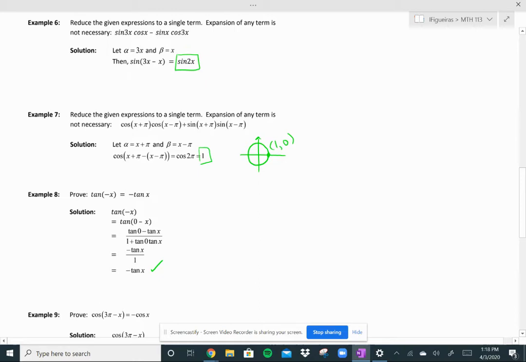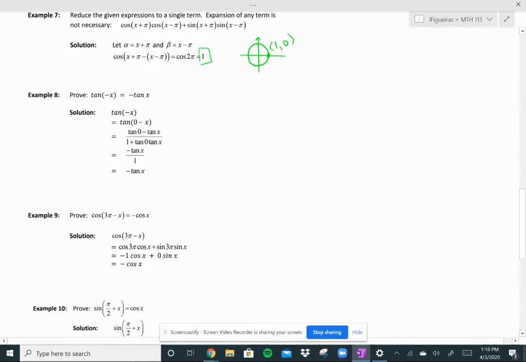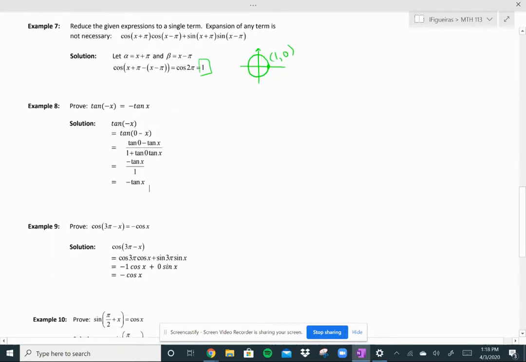All right, we'll do another one. We want to prove that the cosine of 3 pi minus x equals negative cosine of x. So again, we're going to manipulate the left side, cosine of 3 pi minus x, until it looks like negative cosine of x.